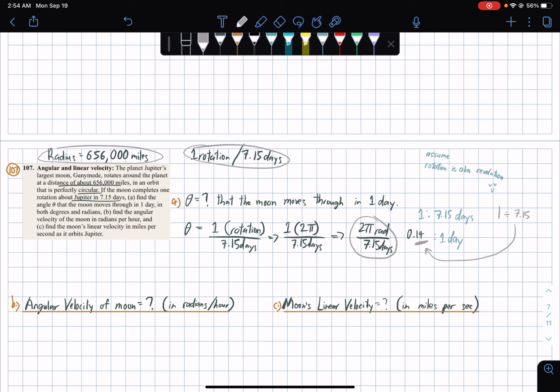So 2 pi over 7.15, we get 0.88 radians, or if we want it in degrees, it's 0.88 over 1 times 180 over pi, which is 50.42 degrees.